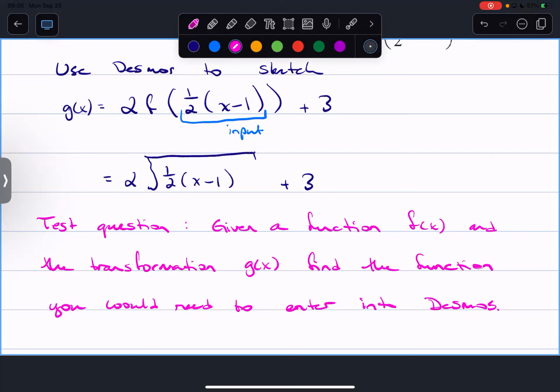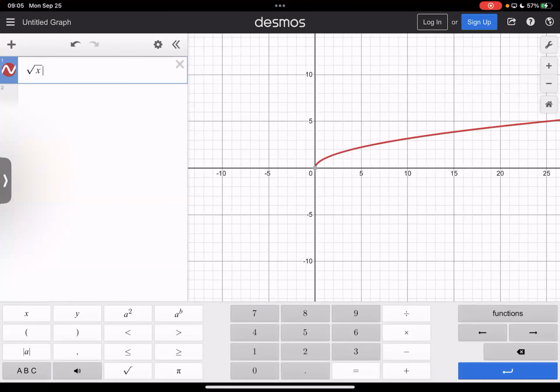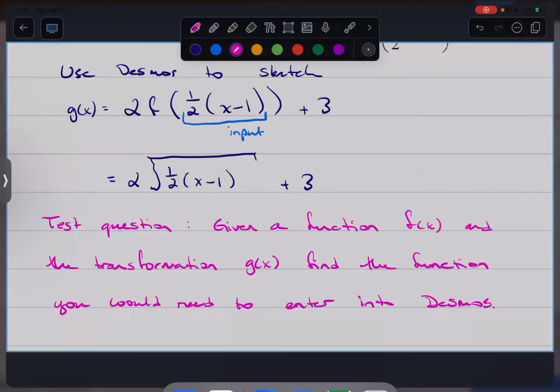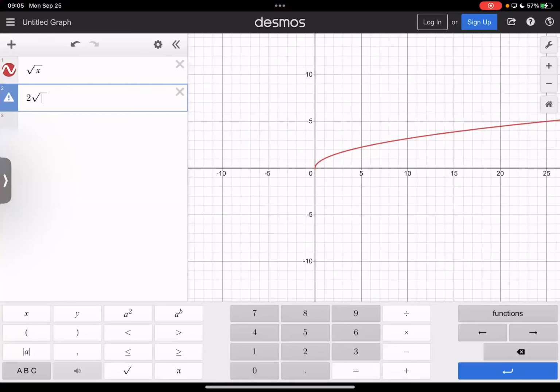Okay, so starting on the inside, moving nice and slow. I've got 2 times, I don't know if I need to have the multiplier. Let's see. 2 times the root of, now I've lost it. 1/2 times x minus 1 inside the brackets. 1/2, step it up, bracket x minus 1.